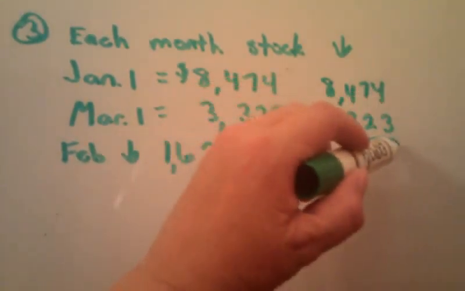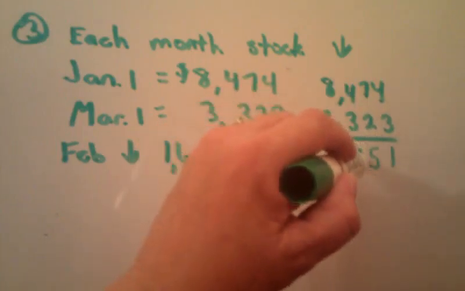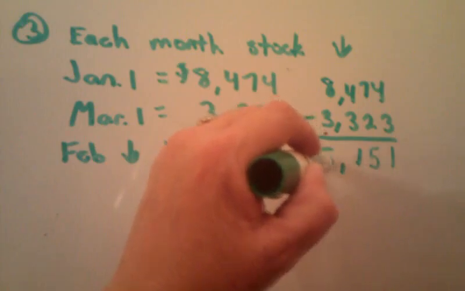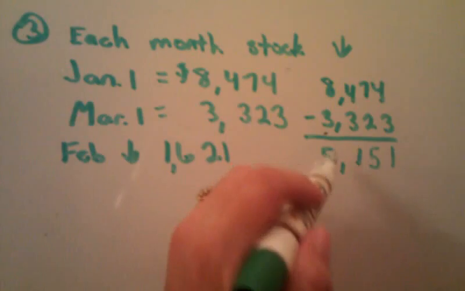4 minus 3 is 1. 7 minus 2 is 5. 4 minus 3 is 1. 8 minus 3 is 5. This is how much it decreased altogether. That's January and February. Well, we know that this was February. So if we get rid of this, then the rest of it's going to be January, right? So let's subtract it.